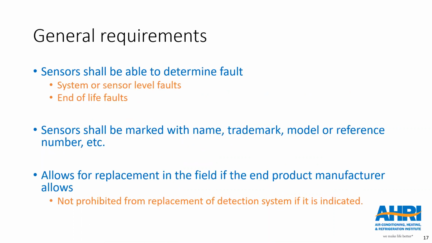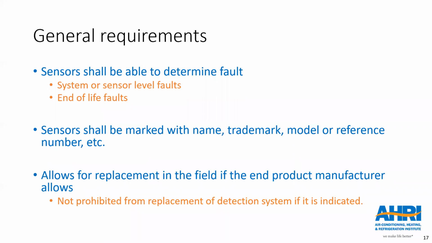Next slide. There are also some general requirements that we want to cover with Annex LL. We want the sensor system itself to be able to determine both system or sensor faults that could be open circuits, bypassed sensors or shorts, as well as sensors that are out of range. Now, some sensor technologies have a service life.